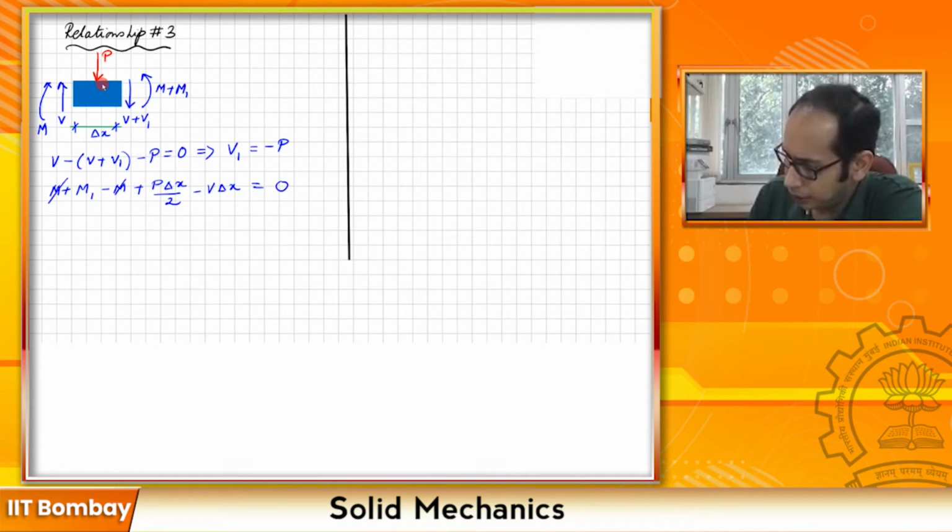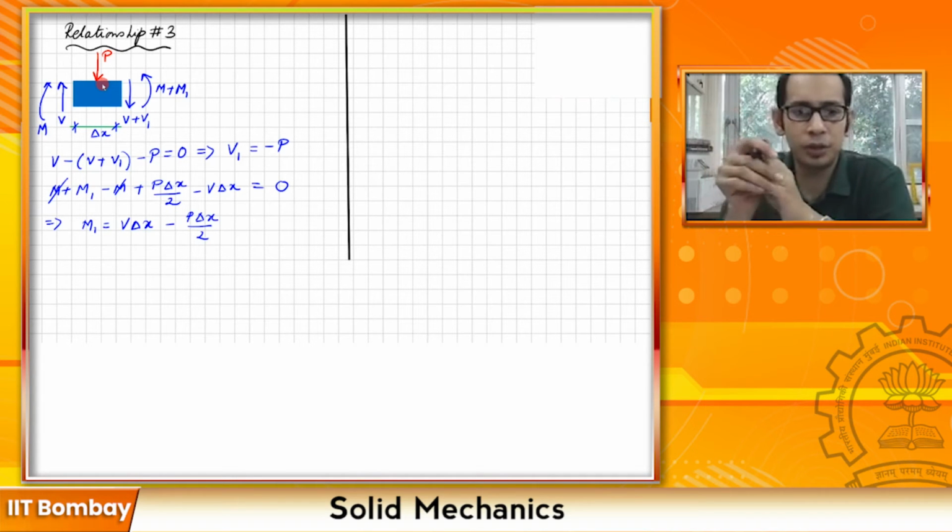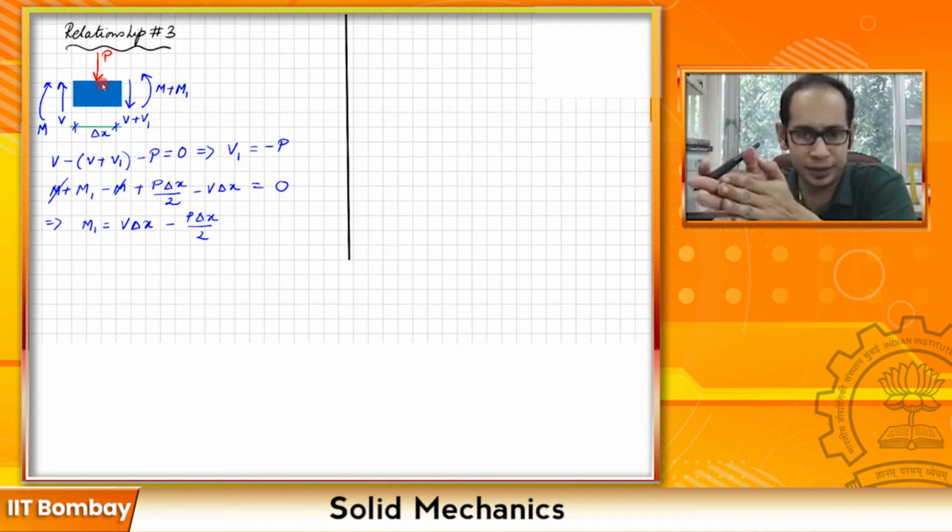So essentially from here, you can write that M1 is nothing but V delta X minus P delta X by 2. Now if delta X is very small, the change in moment is very less over here. So the moment does not undergo an appreciable change.